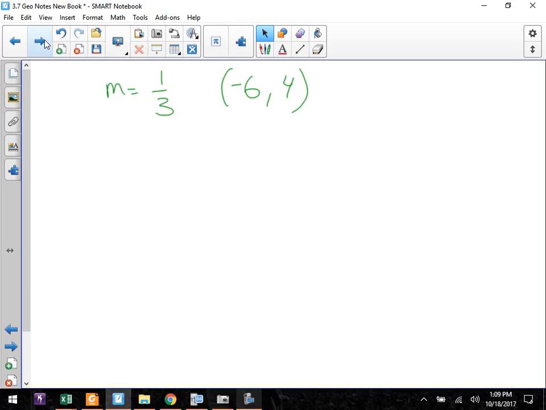You always want to use this slope. This guy here. There's your x value, negative 6. That's it. Excellent.